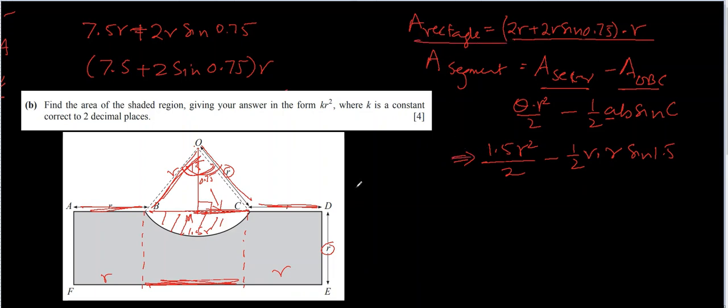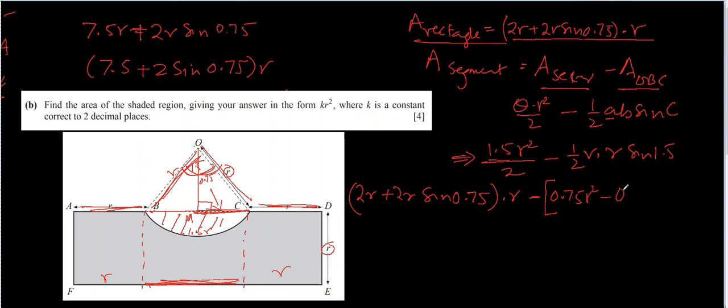So let's write all of them together now. 2r plus 2r sine 0.75 times r. This is the area of rectangle minus, we'll subtract this 1.5 r square over 2. Rather, let me write 0.75 so that there is no denominator left. 0.75 r square. 1.5 divided by 2 is 0.75.